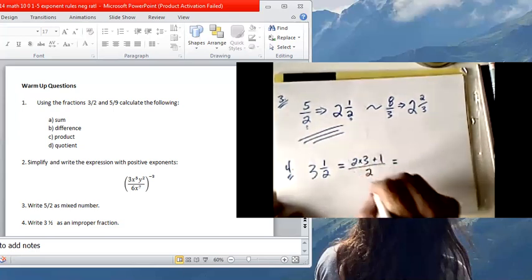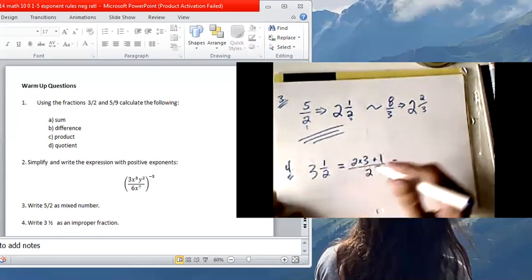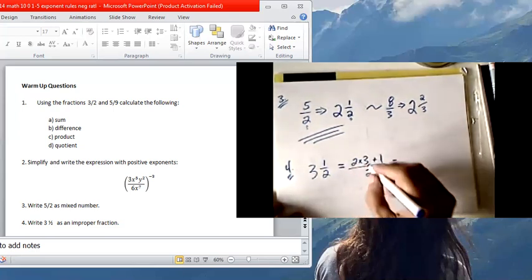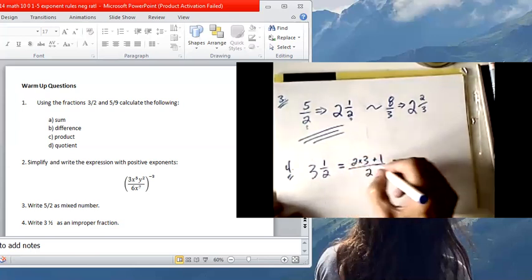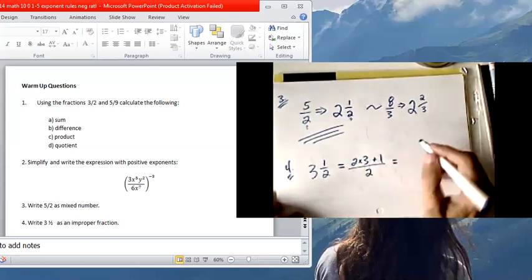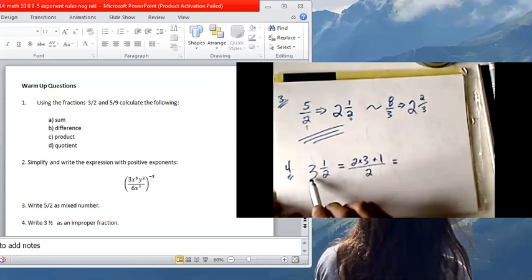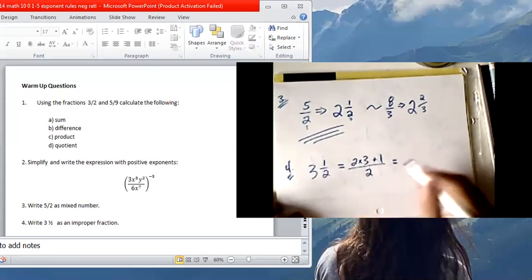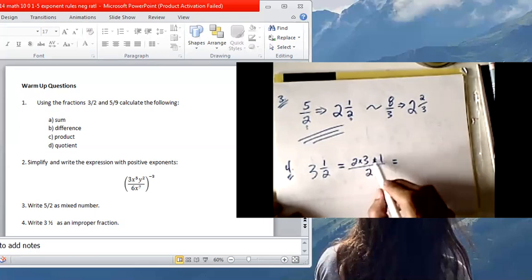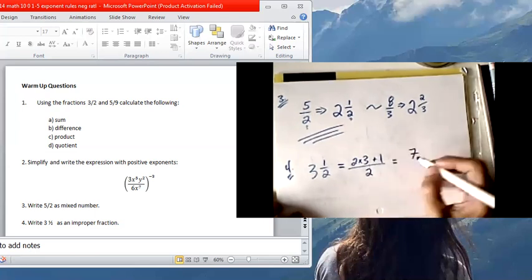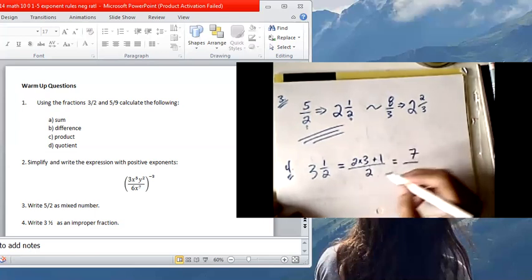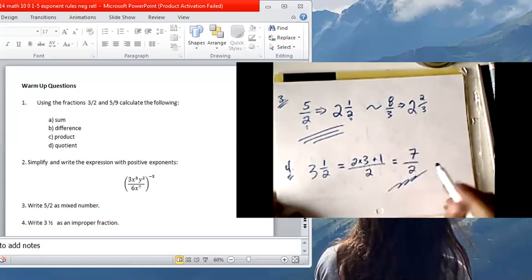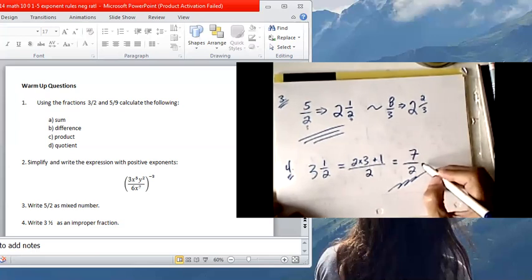Don't go crossing those out. That's like going backwards. You actually want to work out what the top is now. So 2 times 3 is 6, plus 1 is 7. Denominator is 2. And so this now is 7/2 written as an improper fraction.